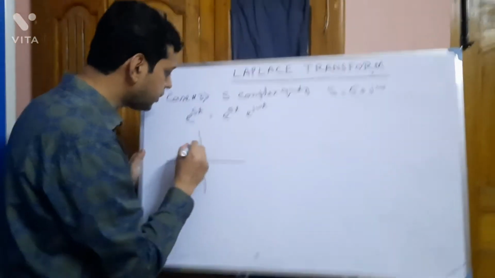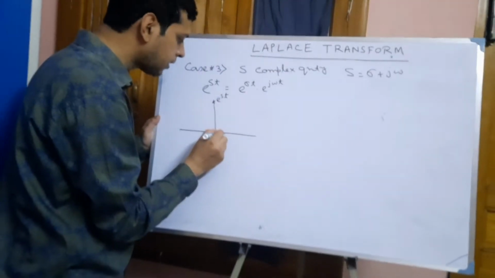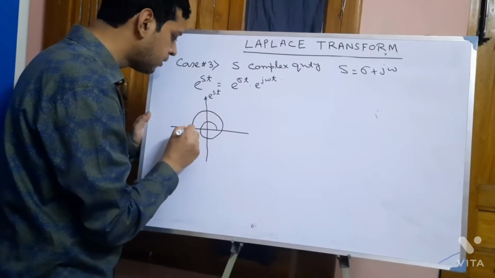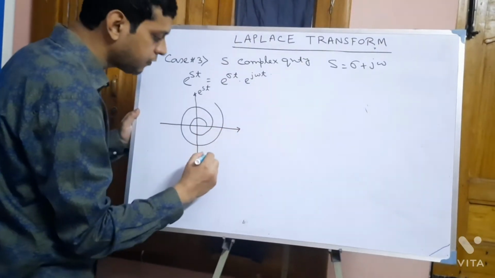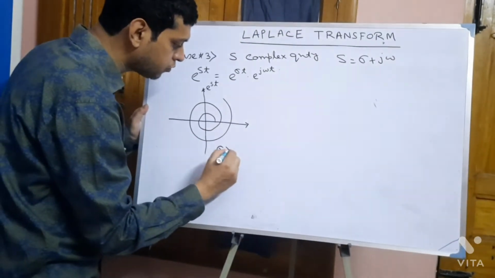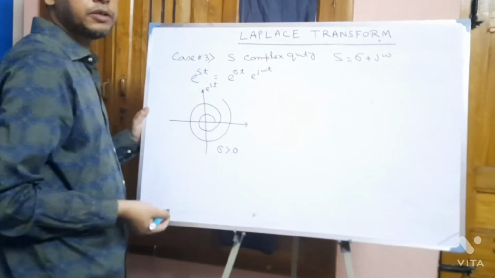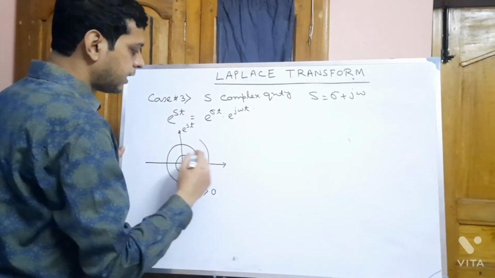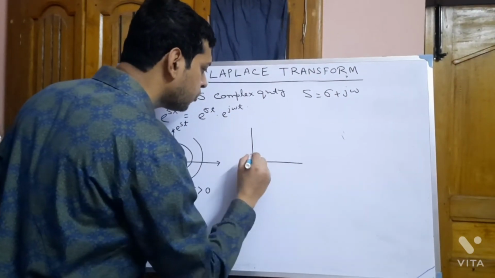So the graph of e to the power st will be like this. This will increase further and further if sigma is greater than 0, or sigma is positive.